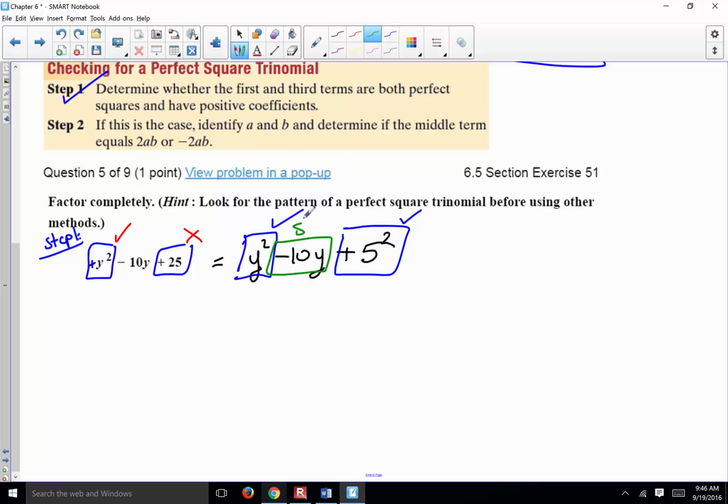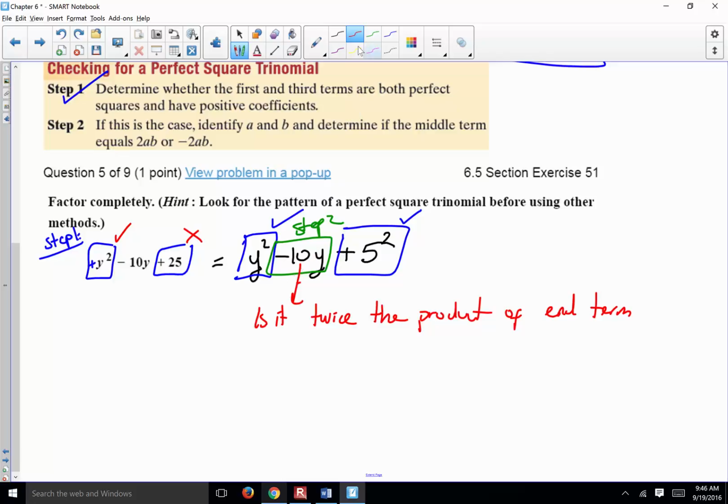Then what is the second test? Step 2 is to check the middle term. Is this term twice the product of end terms? Start and end terms.